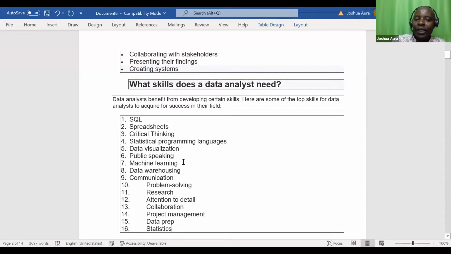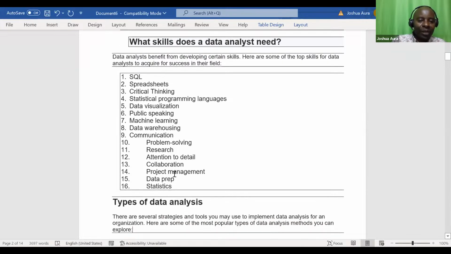You must be good in artificial intelligence, data storage, communication, pretty much similar to public speaking, problem solving. You must be a good researcher, attention to detail, collaboration. Especially when you are doing what we call data mining, it's a project by itself. So you must be good, ladies and gentlemen, in project management. Then we have data preparation. We have statistics.